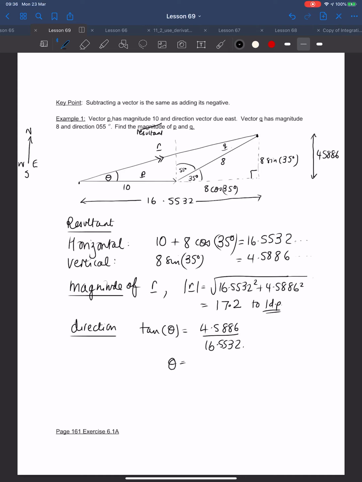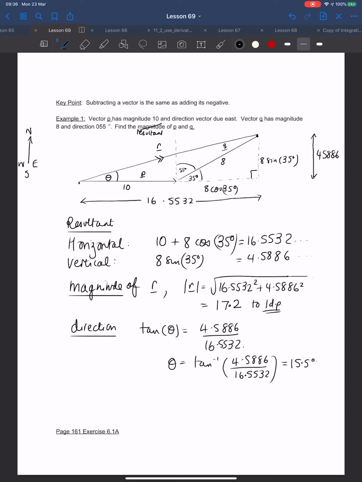So theta is tan inverse of 4.5886 divided by 16.5532. Shift tan inverse, open bracket, 4.5886 divided by 16.5532, close bracket, gives 15.5 degrees, which agrees with the book.